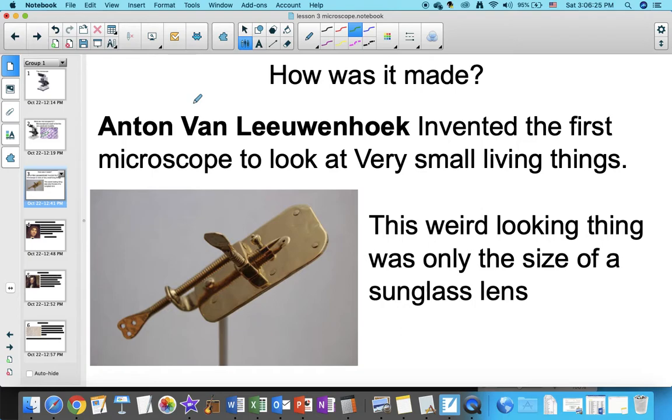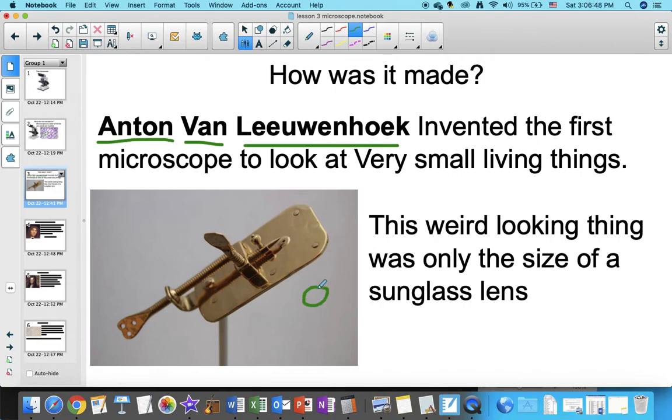So, how was it made? A man named Anton van Leeuwenhoek invented the first microscope to look at very small living things. And so it looked like this. It really was only the size of a sunglass lens. He would place it over his eye and look at things. So this is the hole he would look through.